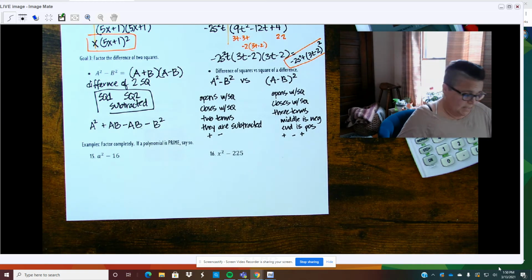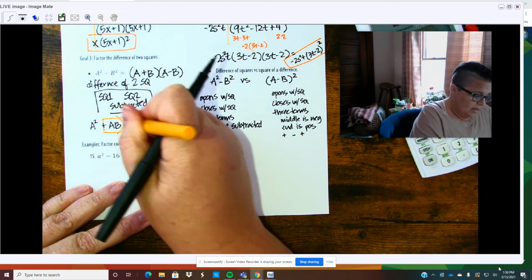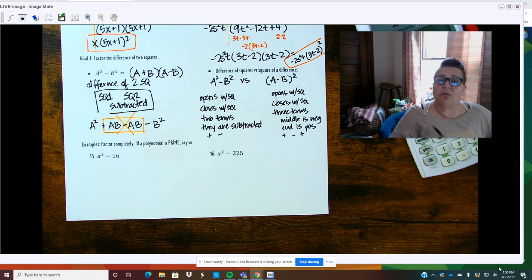The different signs here cancel out that middle term. They will be opposites. And in order to make those middle terms opposites, when you factor them, one needs to be positive and one needs to be negative. Let me show you the long way round, okay?